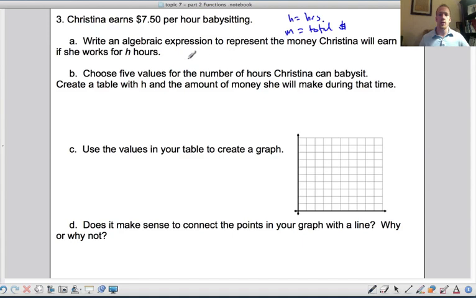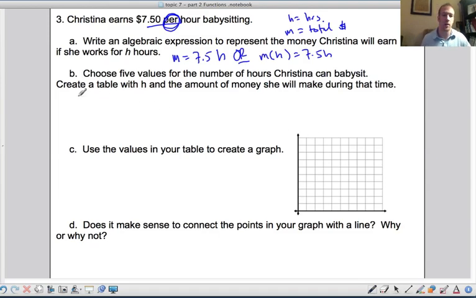So we could write m equals 7.5 times h, right? Because it's $7.50 per hour. Or you could do m of h equals 7.5h. Same exact thing.